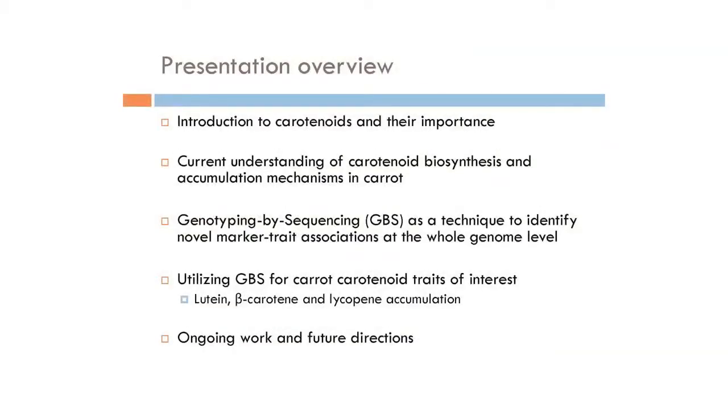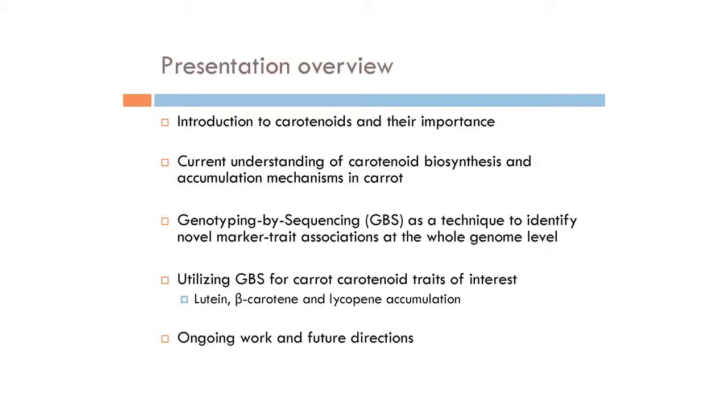I understand that the talk after me will give you a very in-depth overview of carotenoids and carotenoid accumulation, so I'll kind of breeze over this and just touch on what carotenoids are and our current understanding of accumulation mechanisms in carrot. Then the main focus of the talk will be on utilizing the technique of genotyping by sequencing to identify novel marker trait associations at the whole genome level.